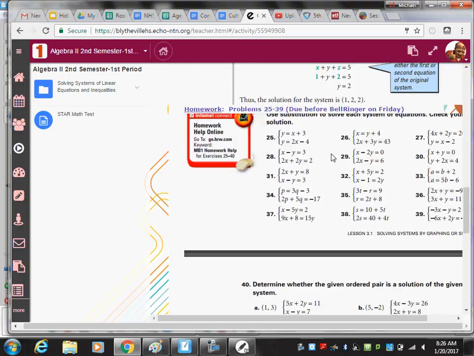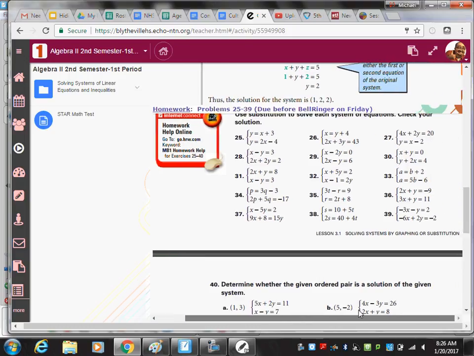All right. Hey y'all, which of these problems from the assignment would you like to see worked? 37? I've heard a lot of people with the last 3 were kind of frustrating.